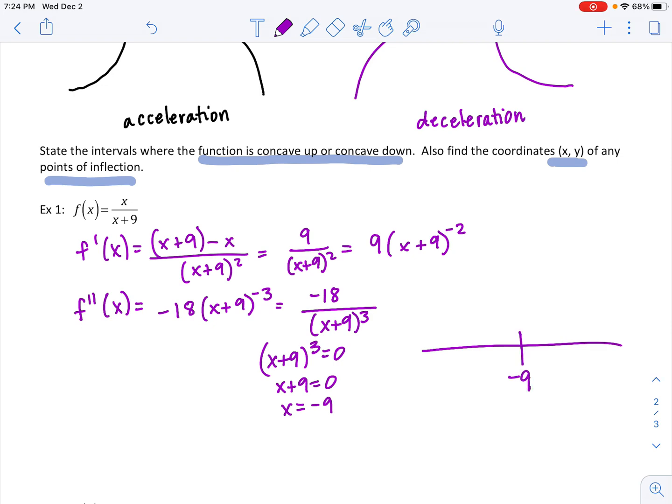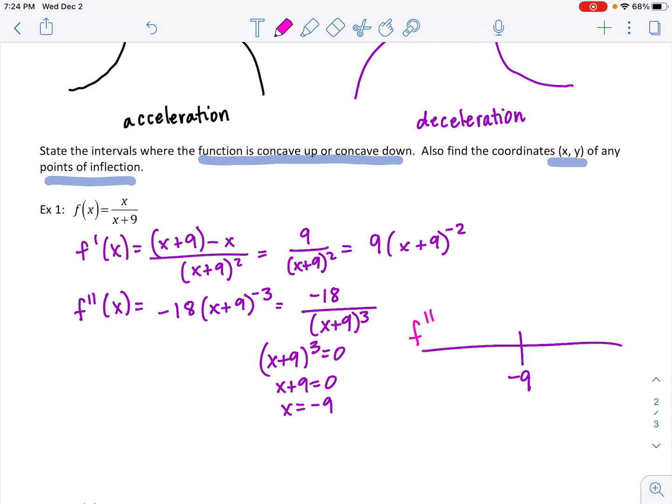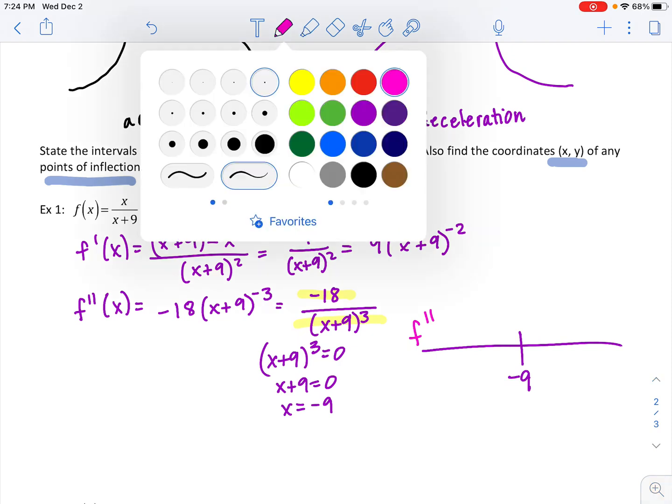So I'm going to make this sign chart, but the new aspect is that I'm labeling it f double prime. And I am testing my sign in this function. So the top is always negative, and then the bottom depends on what value I plug in, whether it's going to be positive or negative.